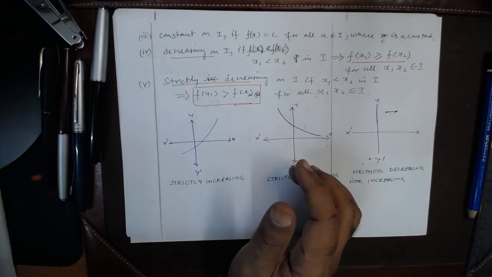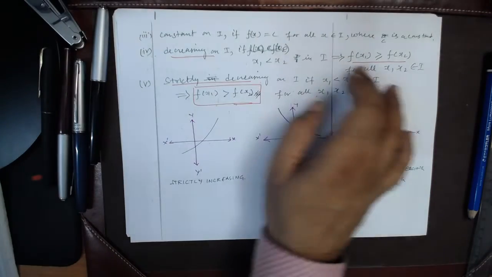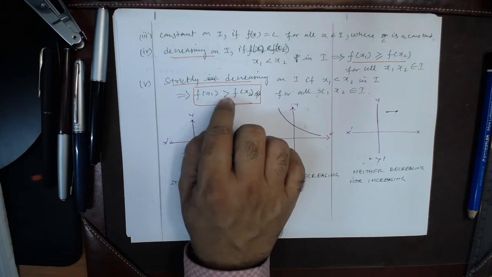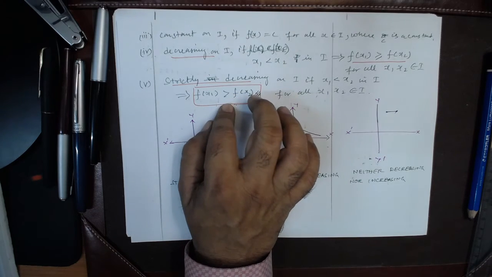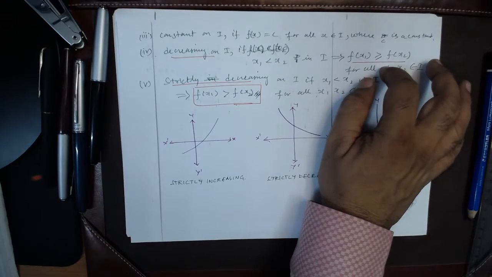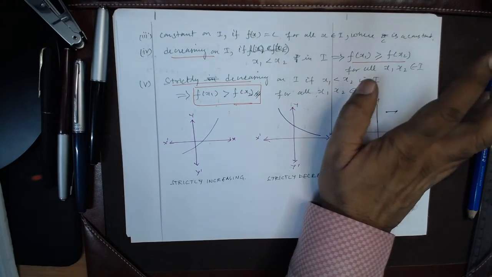It doesn't increase and it doesn't decrease. And the fourth and fifth are decreasing and strictly decreasing. If it is strictly decreasing, it will have the greater than symbol only. If it is decreasing, it can be a slack inequality, that is greater than or equal to.